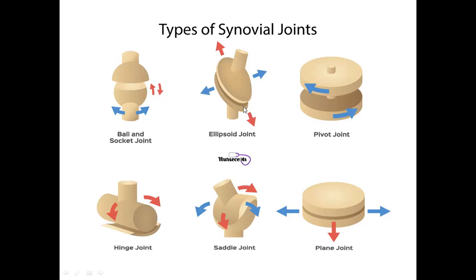This is the example of ellipsoid joints, elliptical shaped surfaces, concave of one bone and convex of another bone. They are joined with each other.